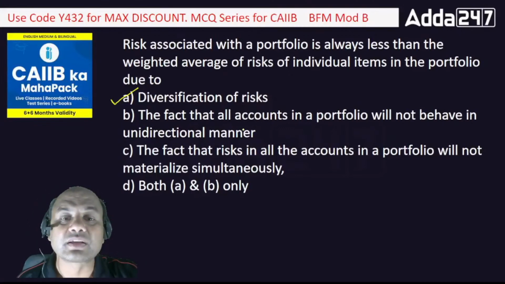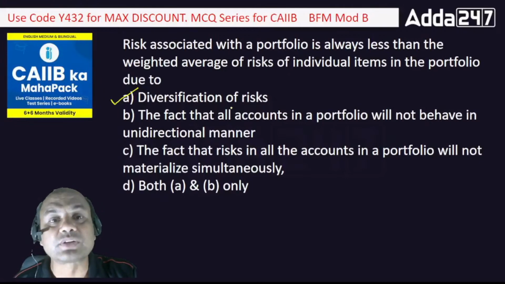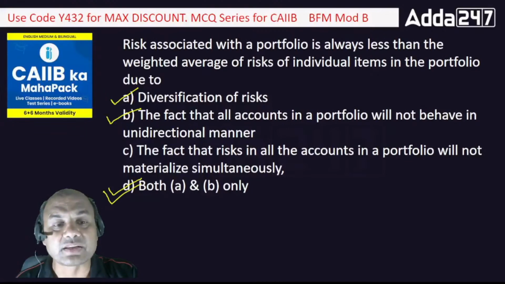We saw investing in TCS and investing in a mutual fund. The mutual fund consisted of many shares like TCS, so all of them won't move down if TCS moves down, so not in a unidirectional manner. So the answer is A and B. So this is the real answer, D.